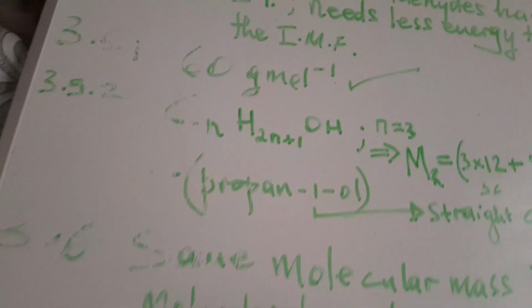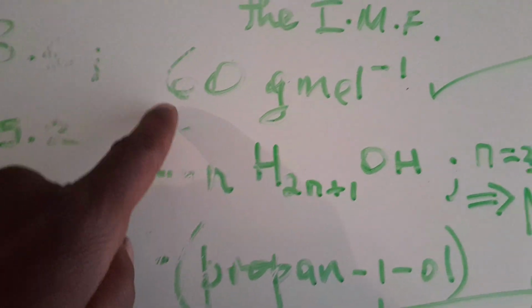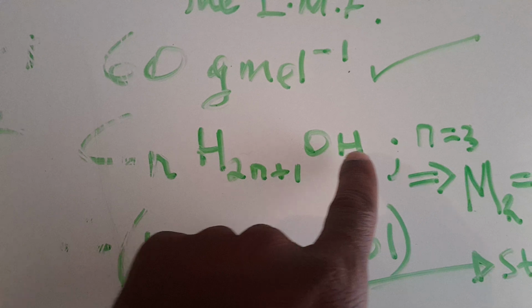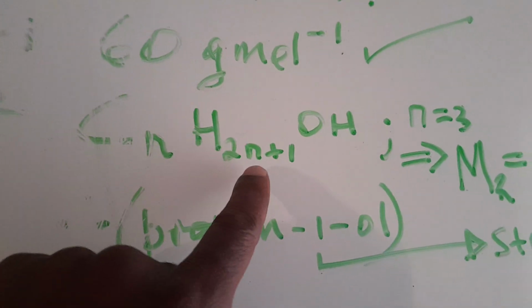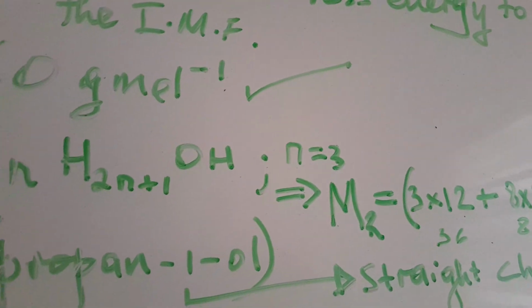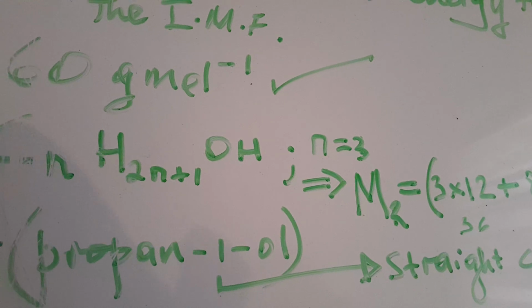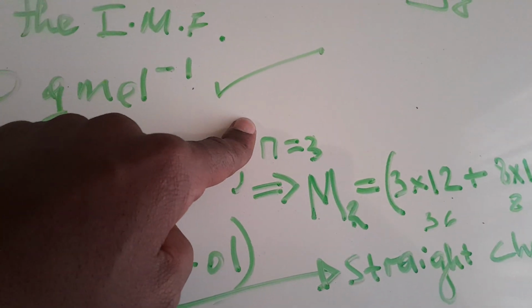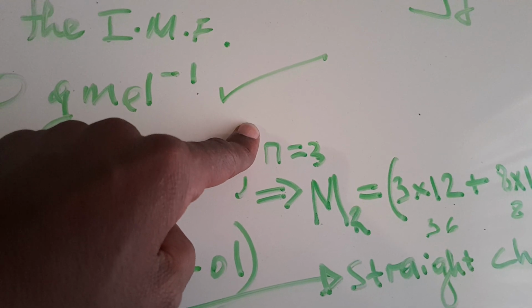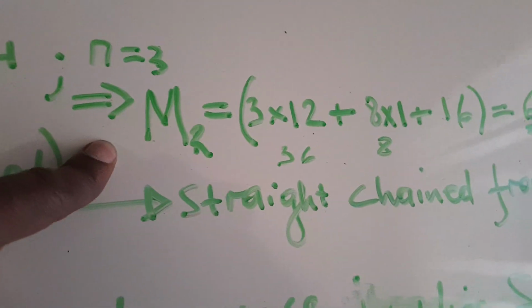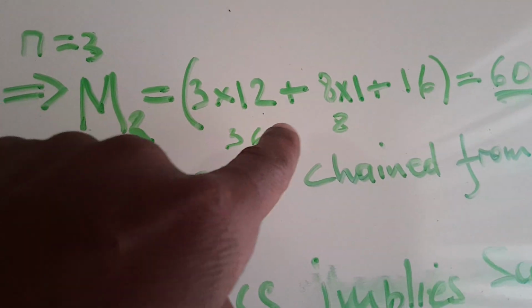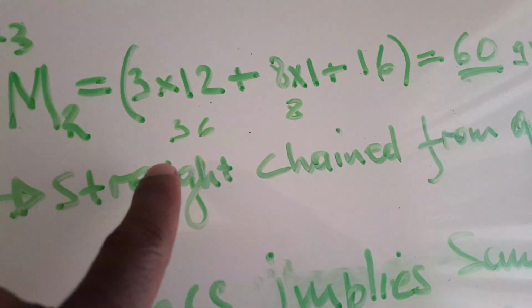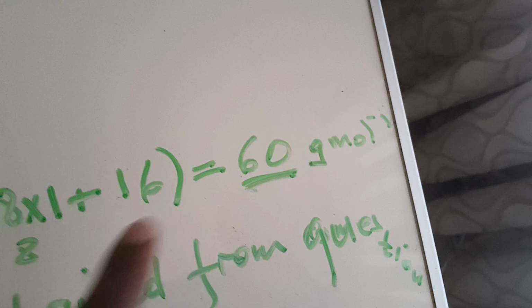Okay, to do that, this is the general formula of alcohols, CnH2n+1OH. Now, if we keep on substituting 1, 2, and 3, you'll notice that when you get to the third carbon, the relative molecular mass becomes 3 times 12 plus 8 times 1 plus 16, giving you 60 grams per mole.